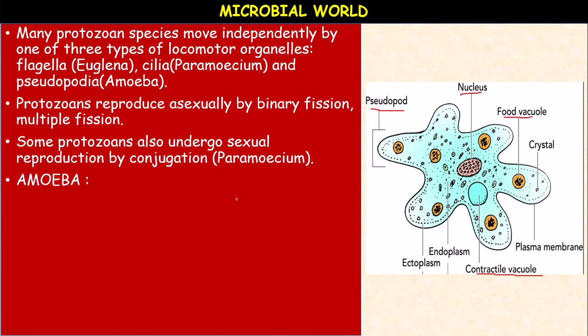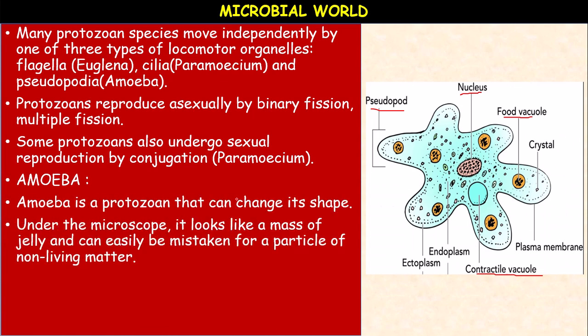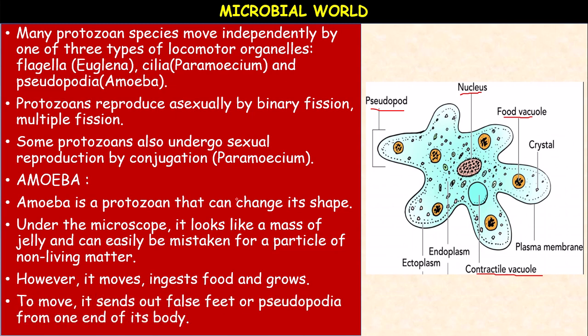Next, amoeba is a protozoan that can change its shape. Under the microscope, it looks like a mass of jelly and can easily be mistaken for a particle of non-living matter. However, it moves, ingests food and grows. To move, it sends out a false foot or pseudopodia.